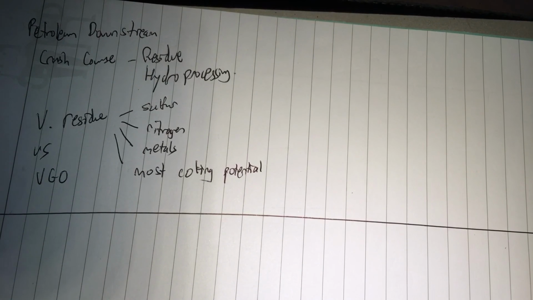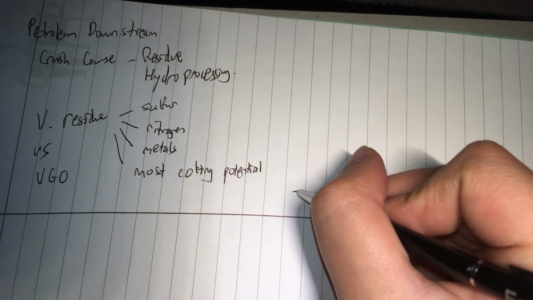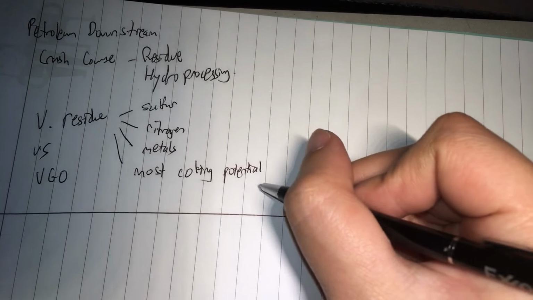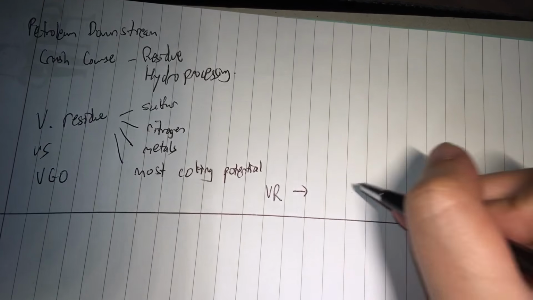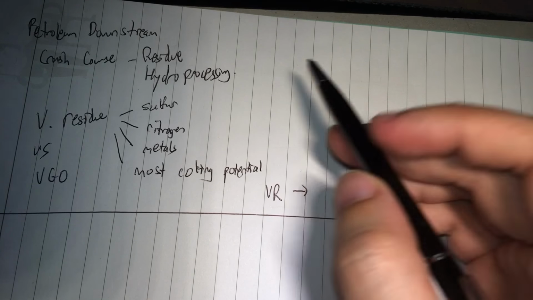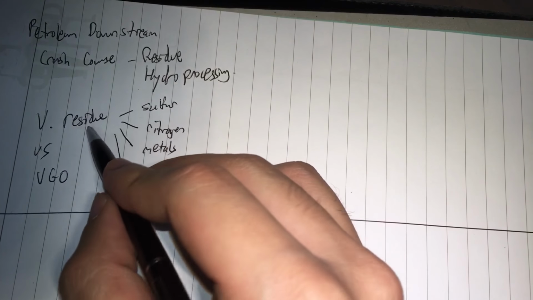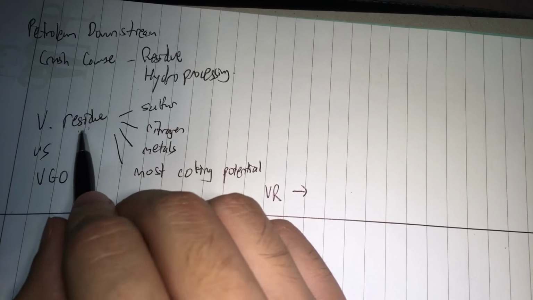And let's say you do have a similar setup as the standard hydrocracker. So let's say you have vacuum residue. Maybe you want to filter some of the dirt out, because all the dirt in the oil will be concentrated in this fraction.